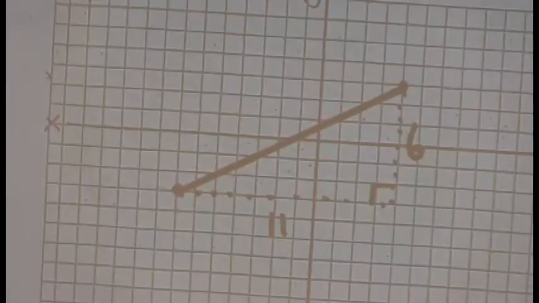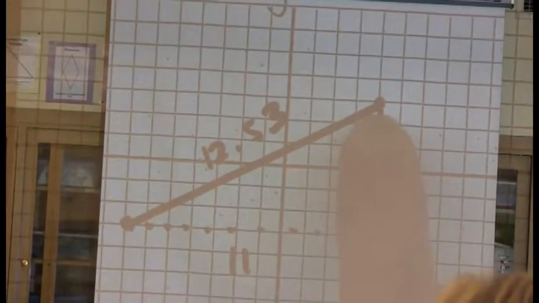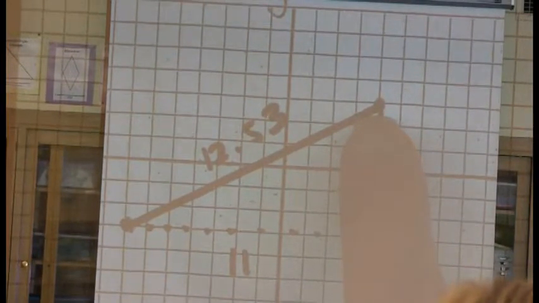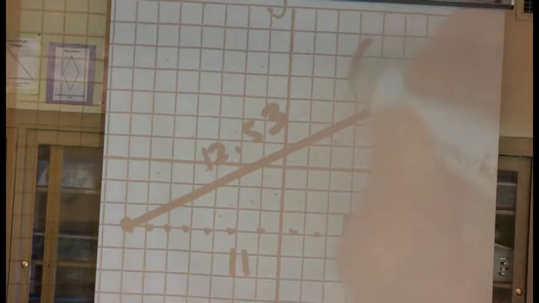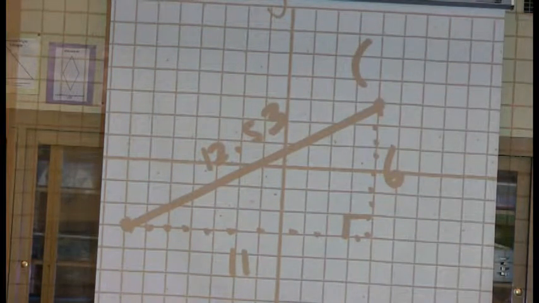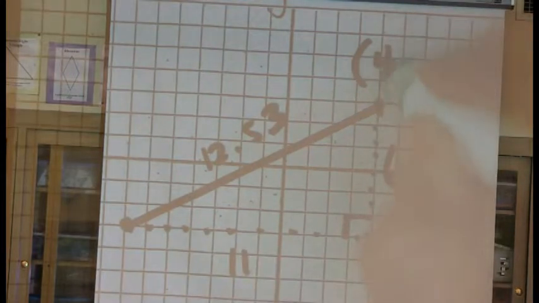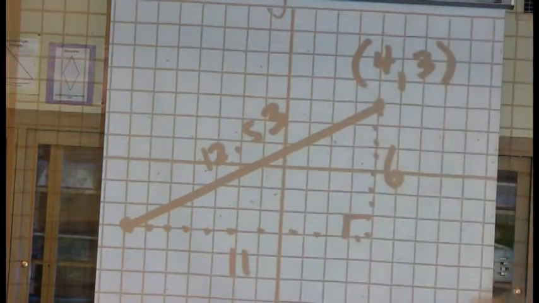So, on this diagram that we already did, because we already know the length of this line is 12.53 or 52, I'm going to name this point here. So, the end point that was up higher. If I had to name that as a point, what would I call it? Like when I graph it? 4, 3.